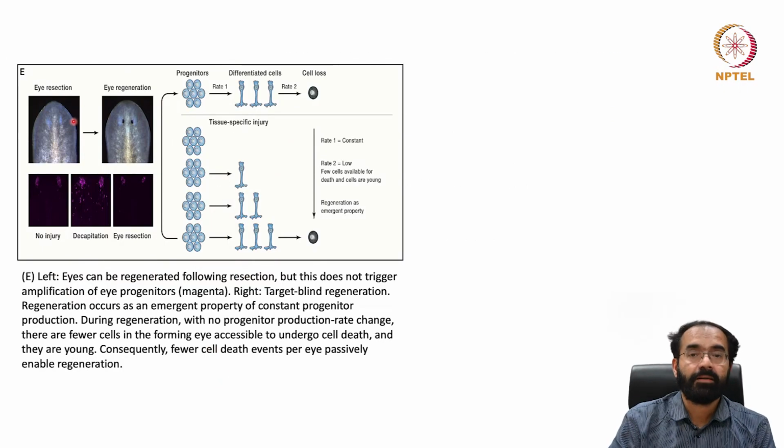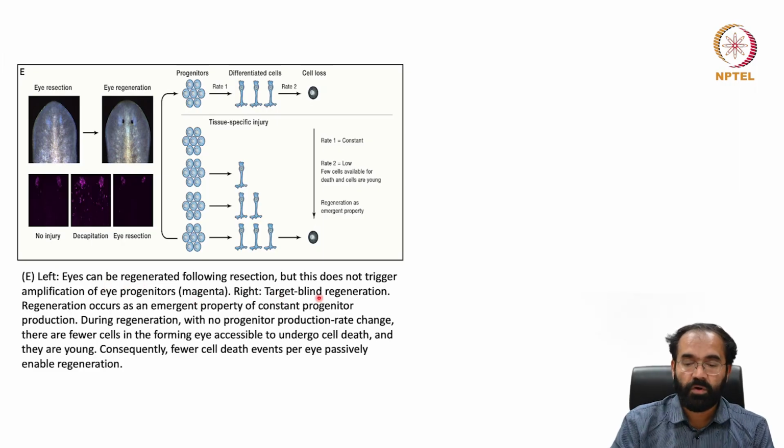In the E panel, eyes can be regenerated following a resection, which we know. You can remove the eye alone, no need to chop off the whole head. You can simply pluck the eye and you will get it back. This is the normal planaria, the eyes are removed and it can restore its eye. For this, only eye progenitors need to come into the picture. You don't need any other progenitor.